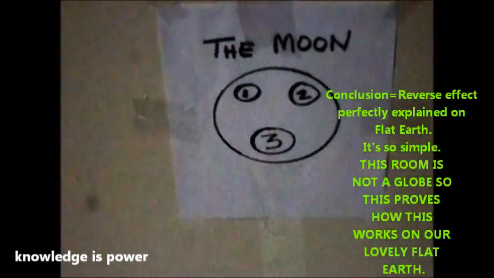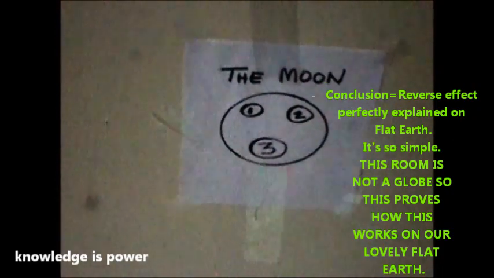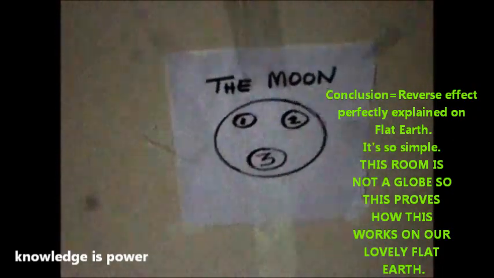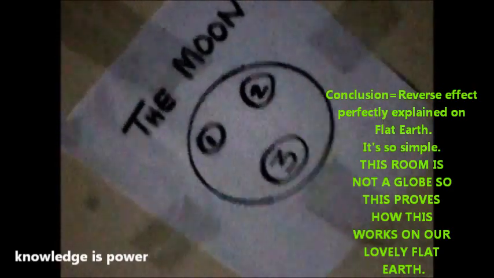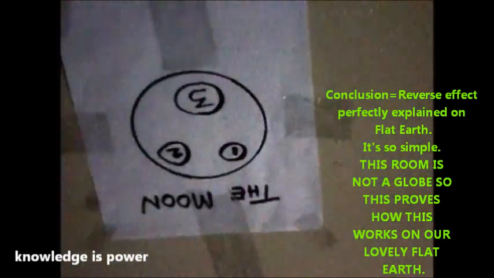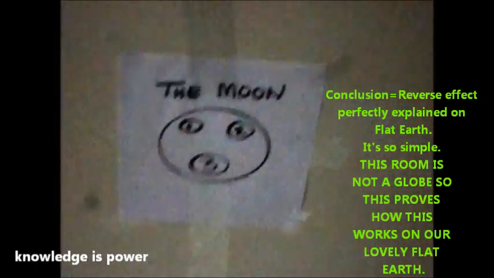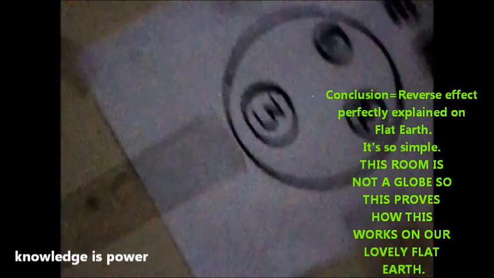So that proves that what I'm showing you now can very well be exactly what's going on in our reality, but instead of the earth moving, which would be me, because right now I'm moving, showing you different locations when I move.